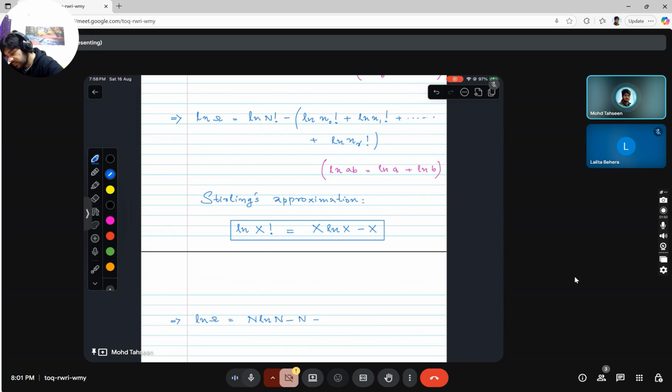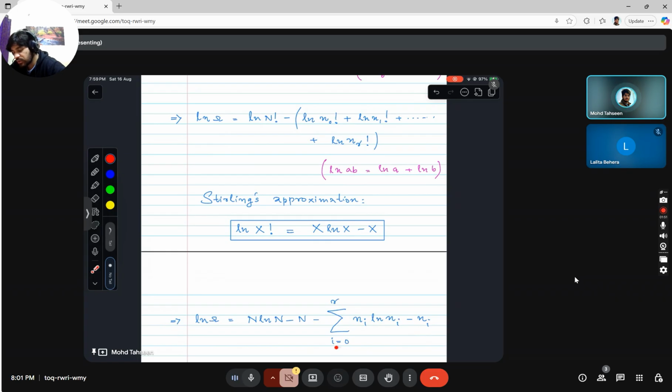It's better to write this whole term in summation form, so we'll sum from i going from 0 to r, and use this approximation that will give us ni log of ni minus ni. I have just applied this Stirling approximation to every term here, and then I am taking a summation, with i running from 0 to r.